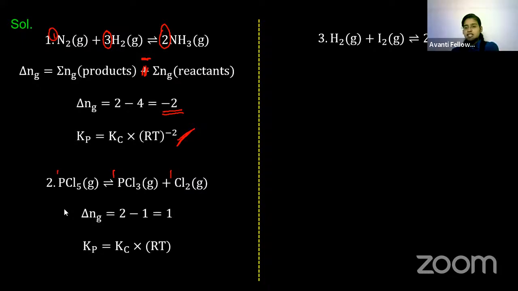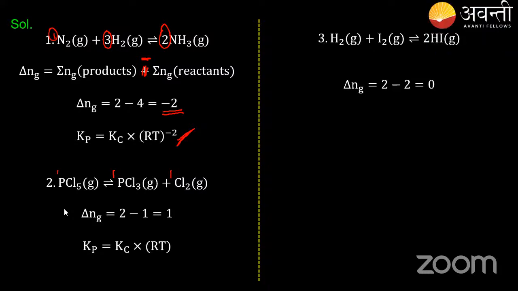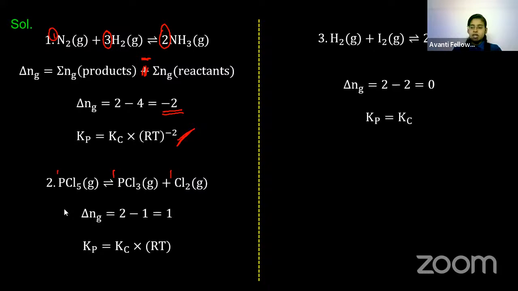Delta Ng is 0. So the relation will be Kp equal to Kc, because we will have RT power 0. Anything to the power 0 is equal to 1, right? So RT power 0 becomes 1. So Kp is equal to Kc for this reaction.